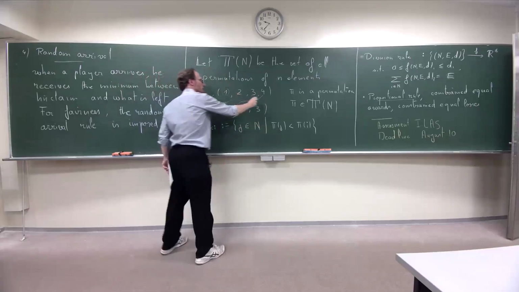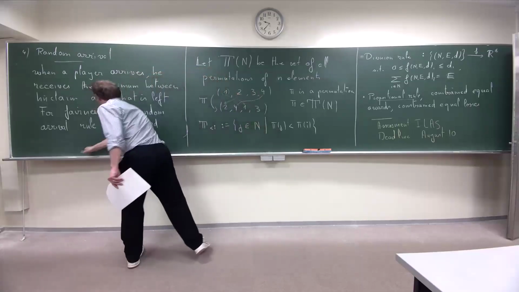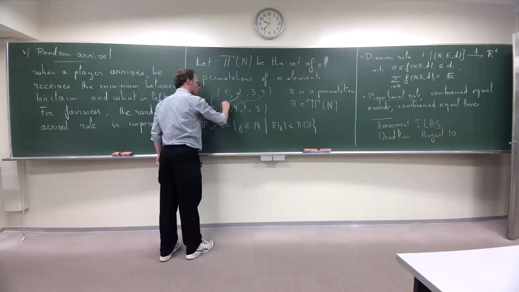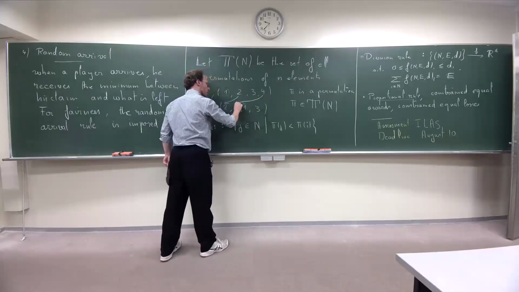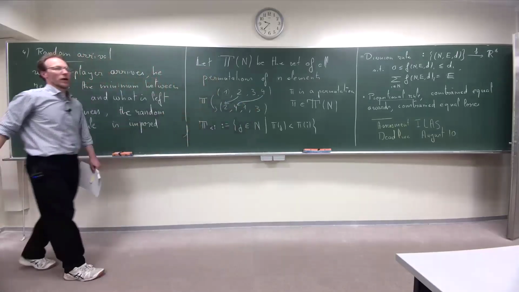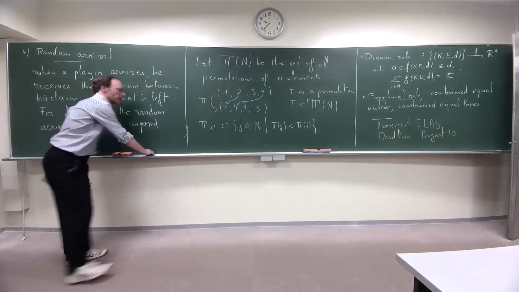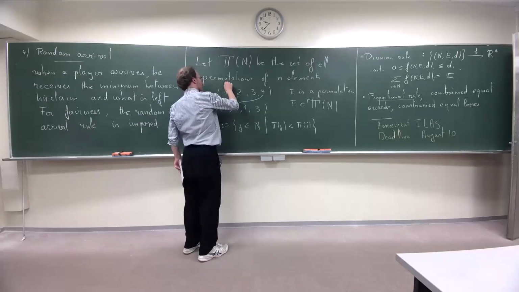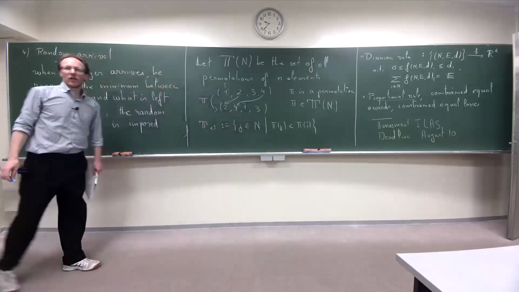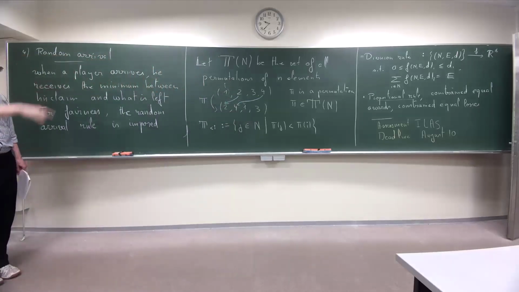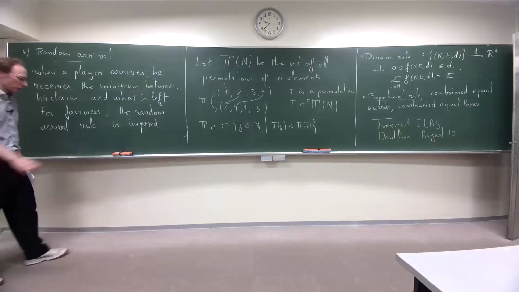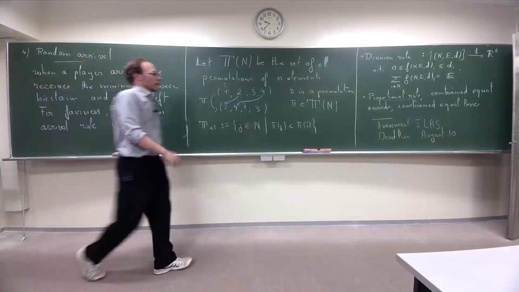These 2 numbers, 4 and 2, are the ones which are smaller than pi of i, where i, I said, is 1 in this case. Why?